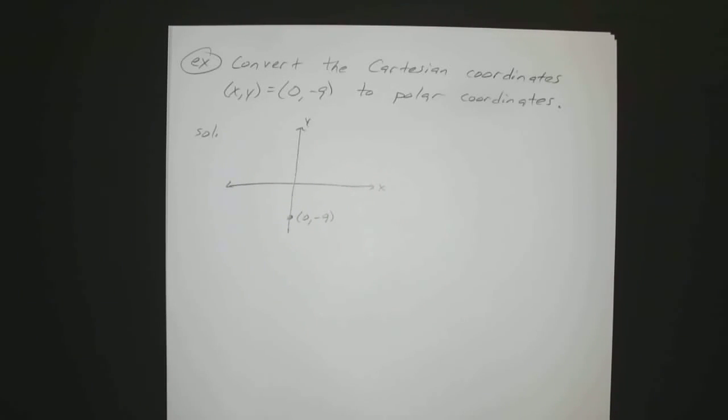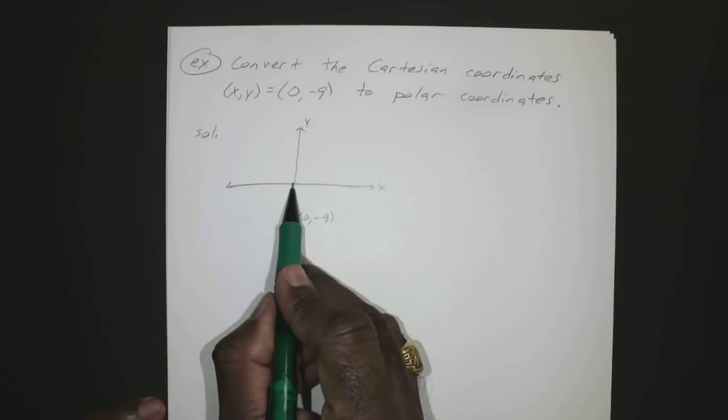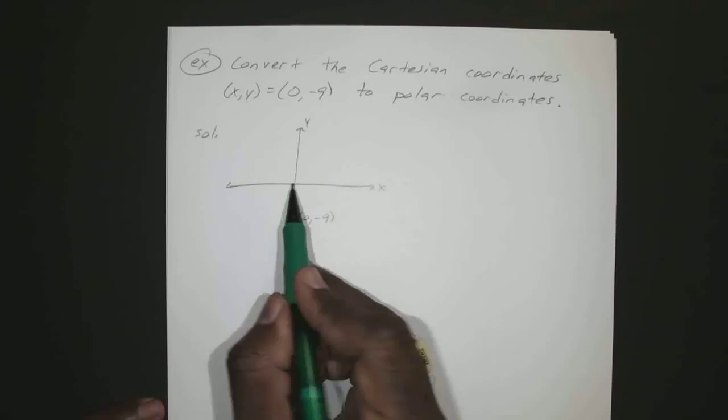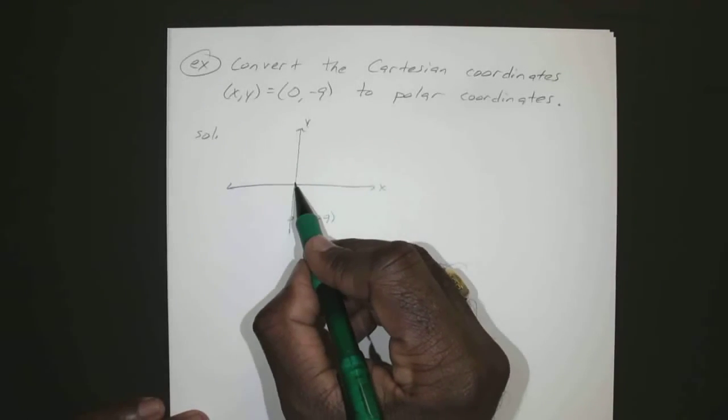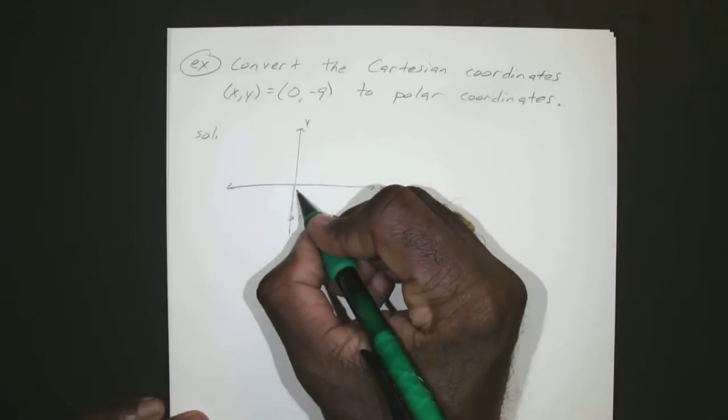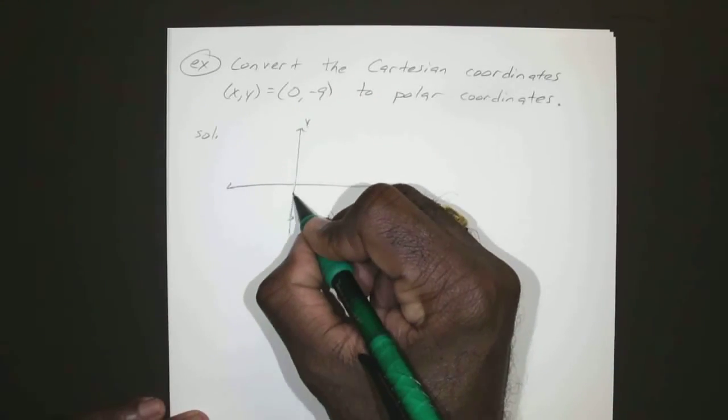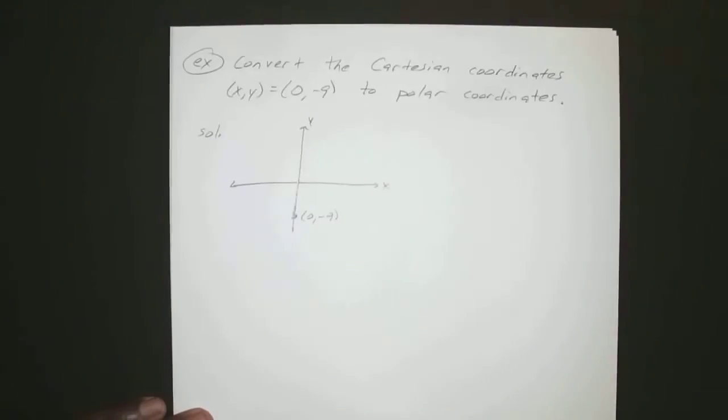Okay. So if our x is equal to 0, we really don't have that to worry about. But if you look at it this way, the distance from the center to that point is 9.